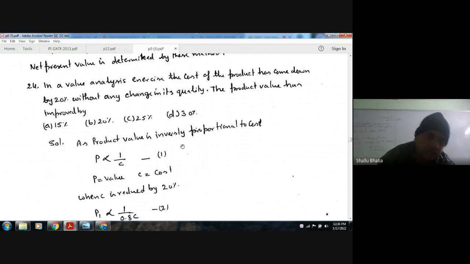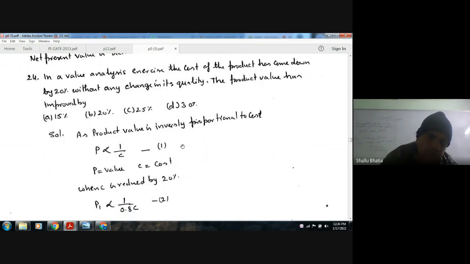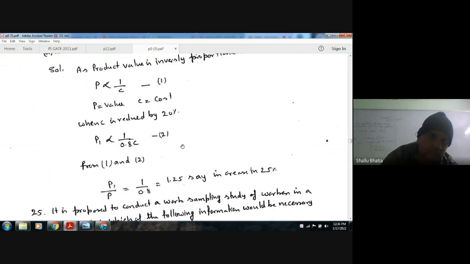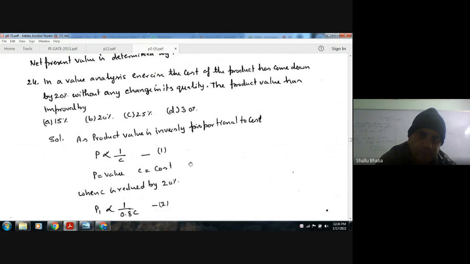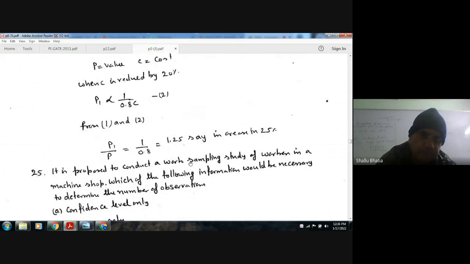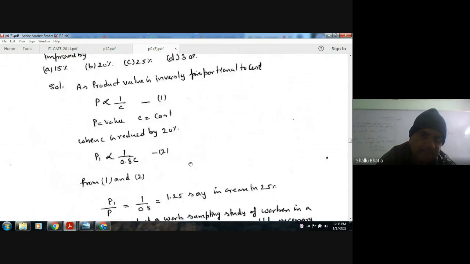As the cost has come down by 20%, the new cost is 0.8. So P1 is equal to 1 by 0.8. This is the new value, and the present value is P. The ratio of P1 by P is 1.25. So its value has increased by 25%.